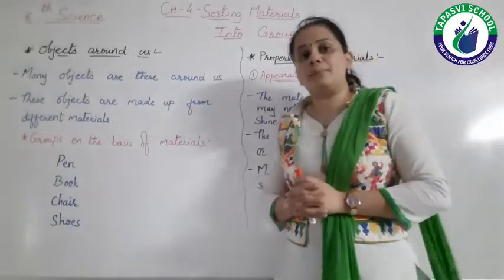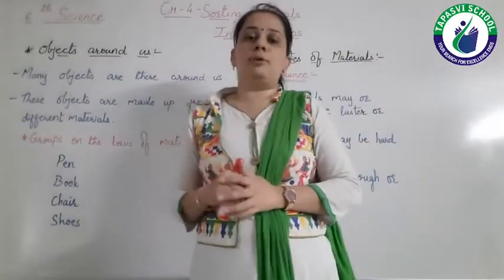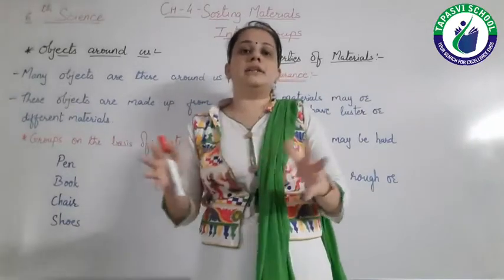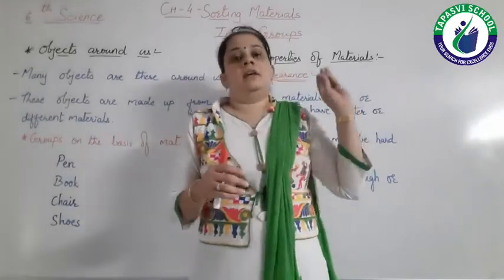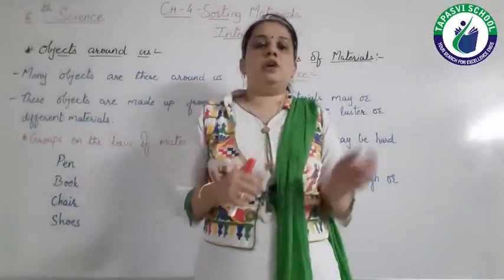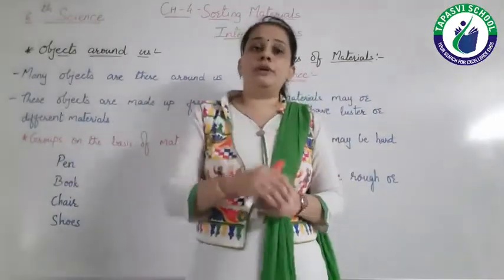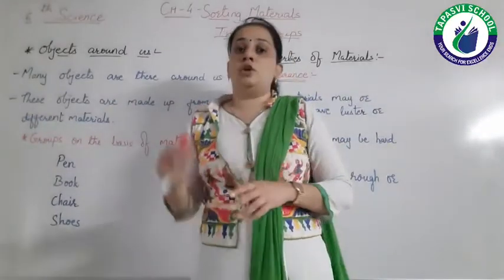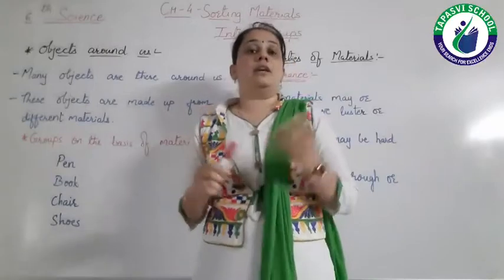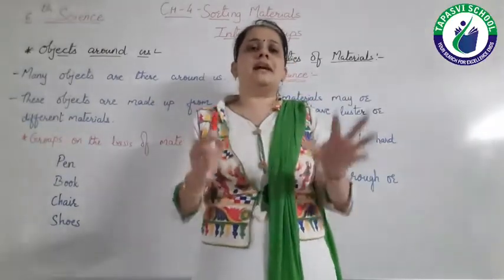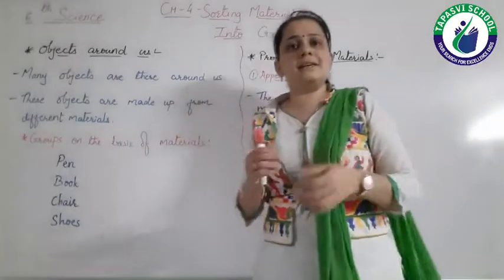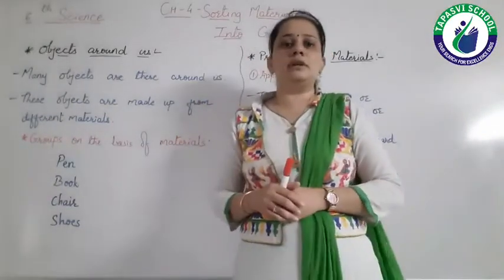Say for example, if you open your cupboard and you have all the things, that is a toy, a brush, a towel, your clothes, your uniform, your socks, your lunch box, your plate, your pen, your eraser, all the things are there at the same place. Then is it easy for you to take it out?